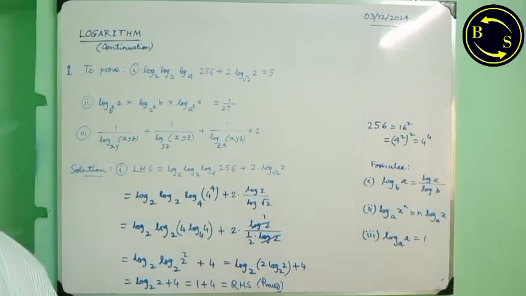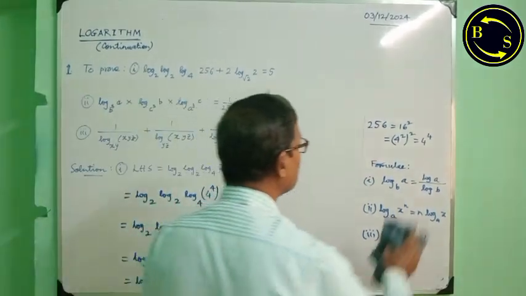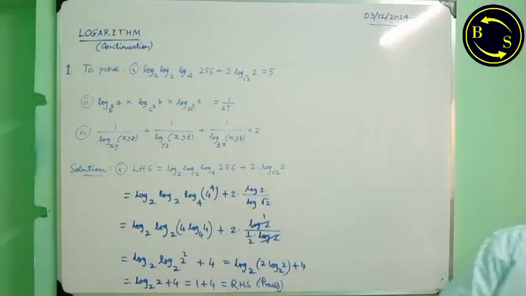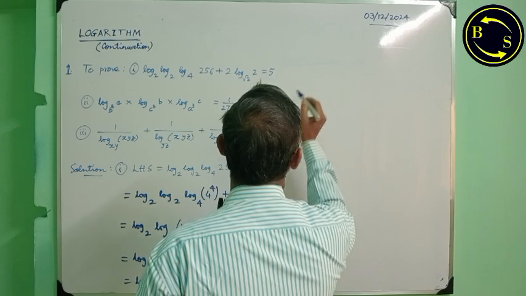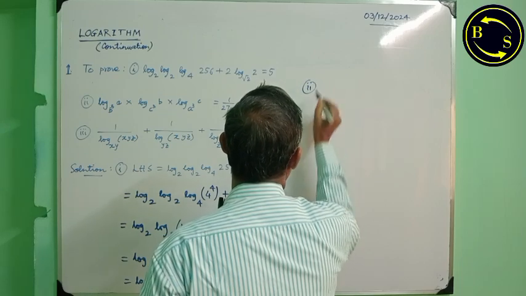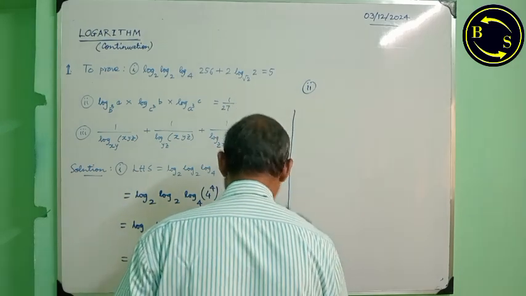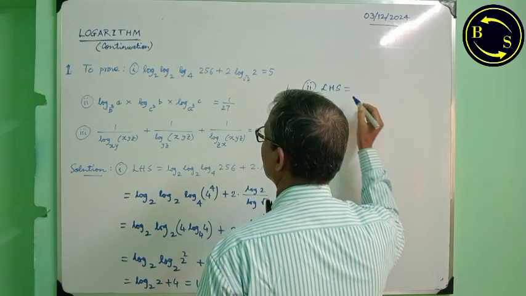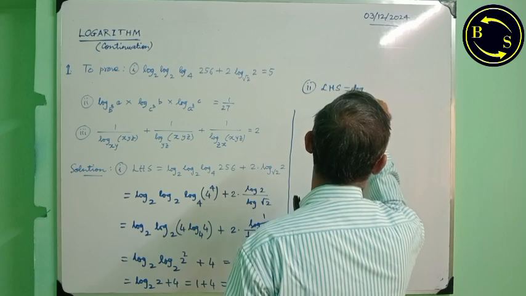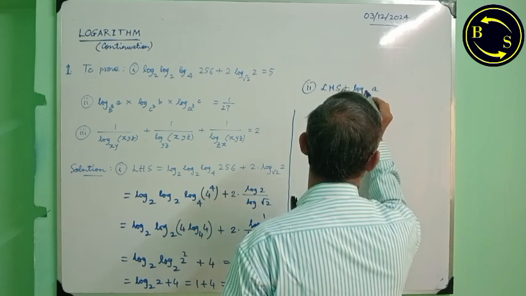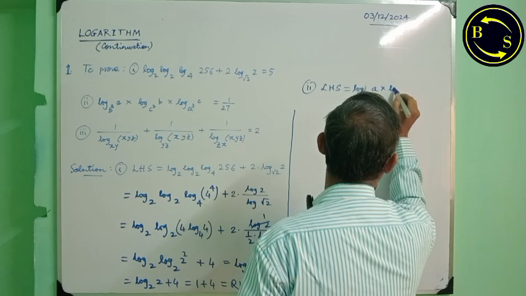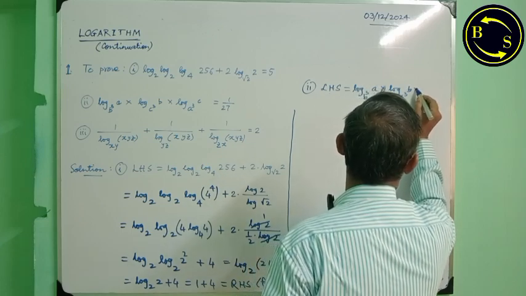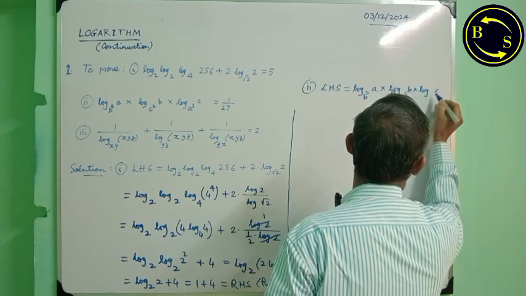Now to solve sum number 2, I have this. LHS: log of a to the base b cube into log of b to the base c cube into log of c to the base a cube.